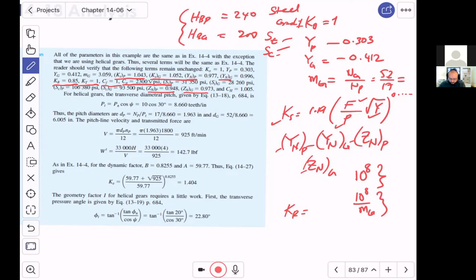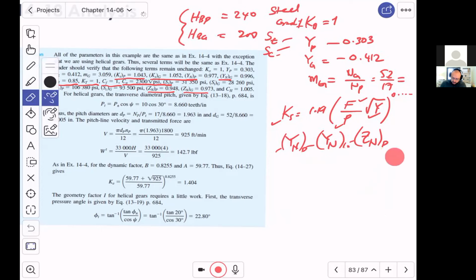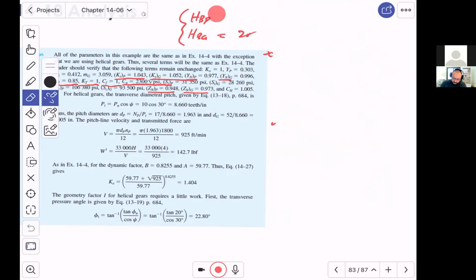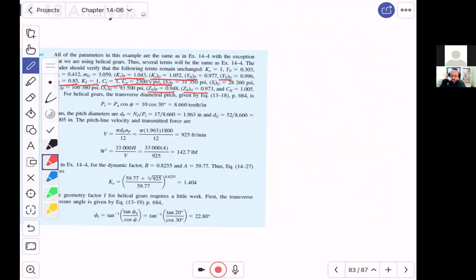Number one, if you have a helical gear, the pitch diameter, so the diameter of the pinion, is equal to the number of teeth for the pinion, which is 17, divided by the transverse diametral pitch. We have transverse and we have normal.